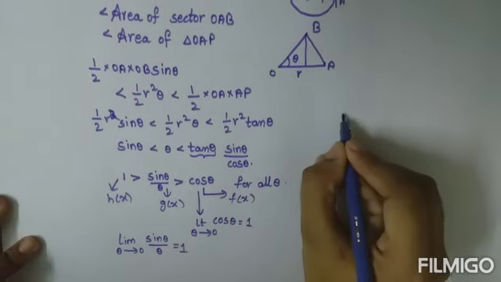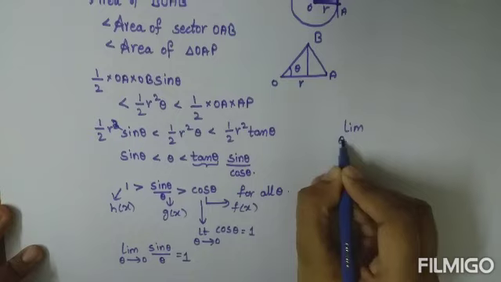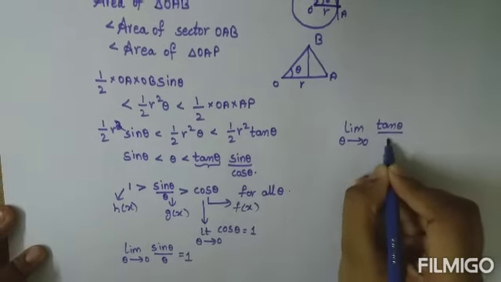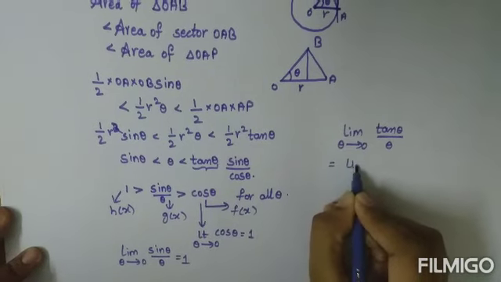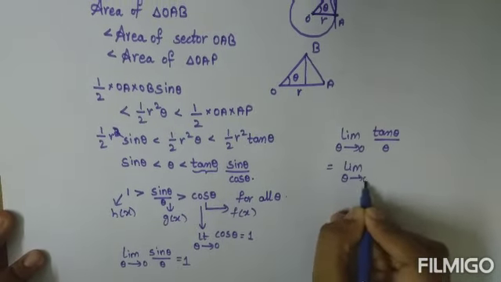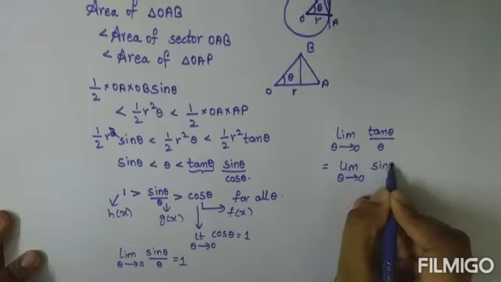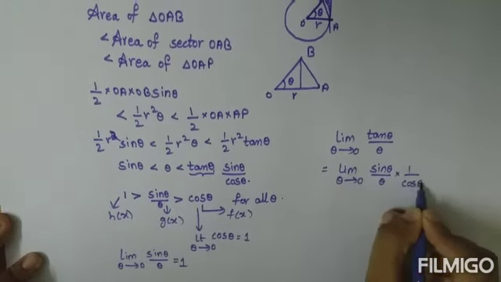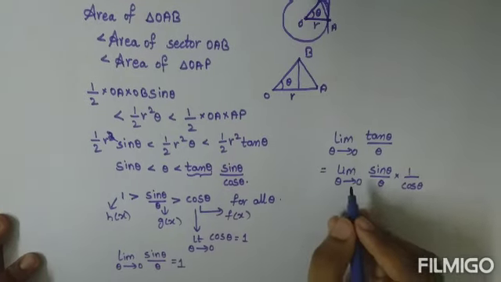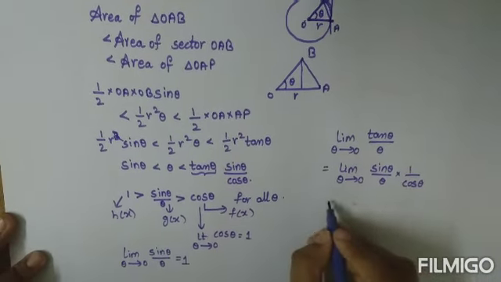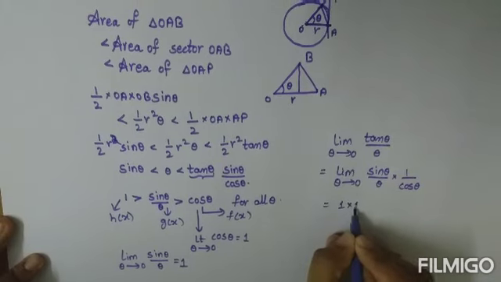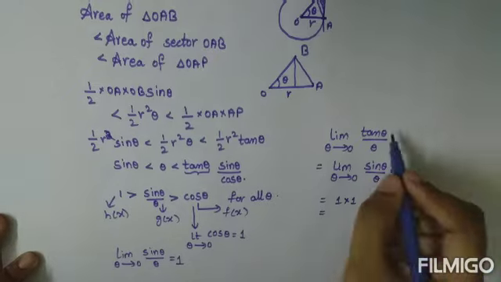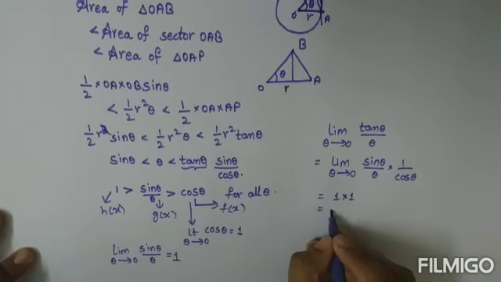Similarly, limit theta tends to 0, tan theta by theta is equal to limit theta tends to 0, sin theta by theta into 1 by cos theta. Now if we apply algebraic properties of limits, we get this as 1 into 1, since cos 0 is 1. So limit theta tends to 0, tan theta by theta is also equal to 1.